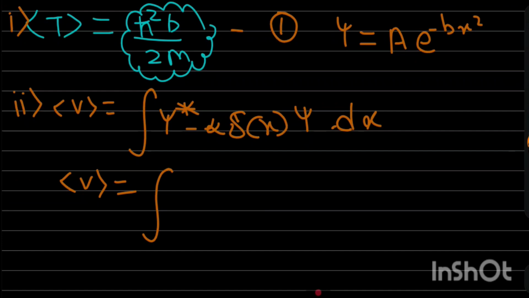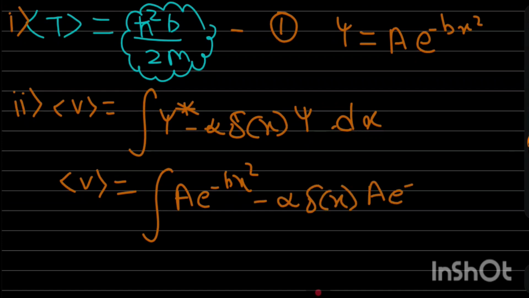So it becomes a e to the power minus bx square, negative alpha times the Dirac delta function, and again a e to the power minus bx square dx.